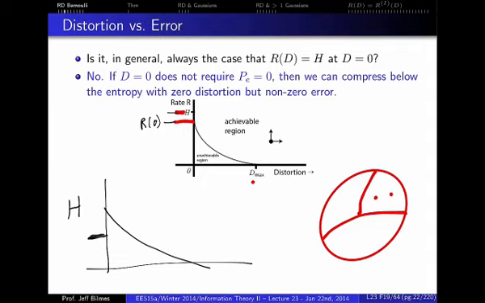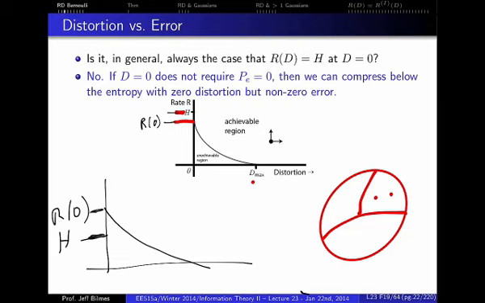I guess it would be that the entropy would be below the rate. This would be rate of 0, and this would be the entropy. That wouldn't be reasonable. Unless maybe it's a really bizarre distortion thing. But distortion being 0, the expected value of distortion being 0, it's a positive distribution. It says that for all things that have 0 support, the distortion is equal to 0.